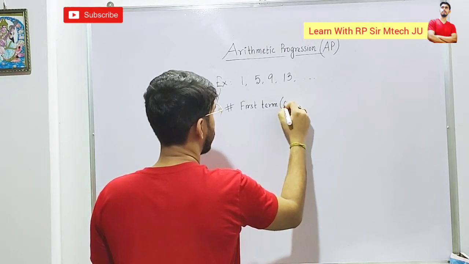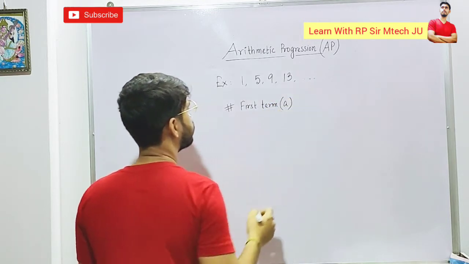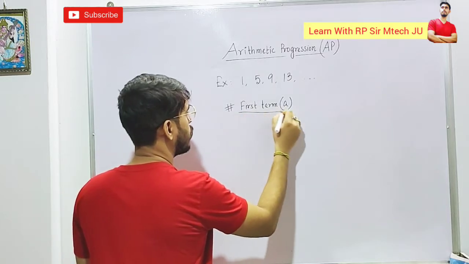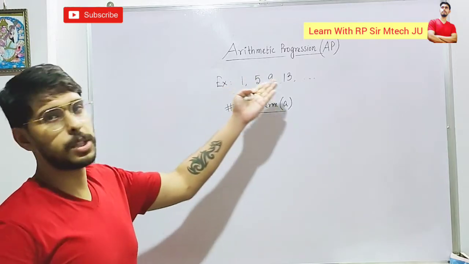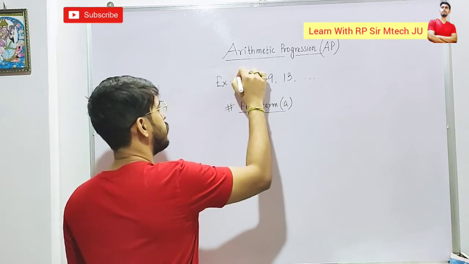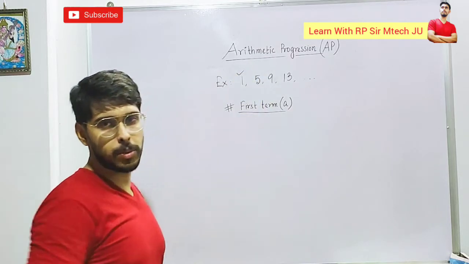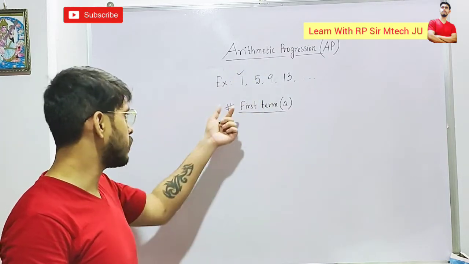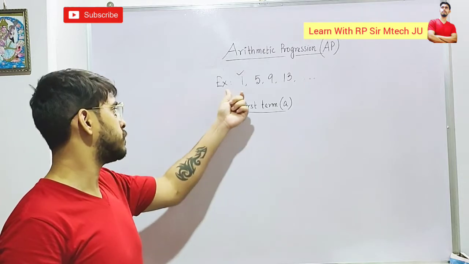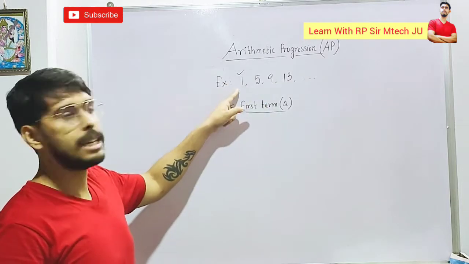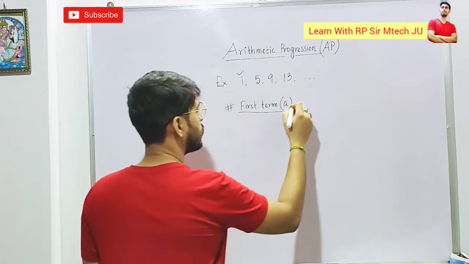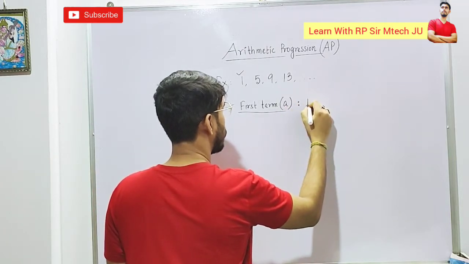It is represented by the letter small a. So what is the first term? In this AP, the first term means the first number of the sequence. So here the first term is 1.